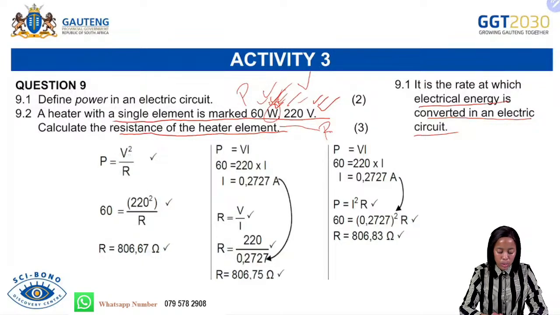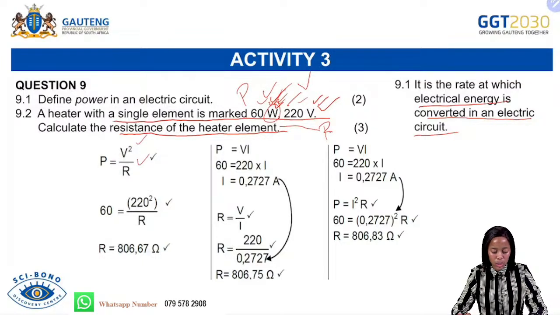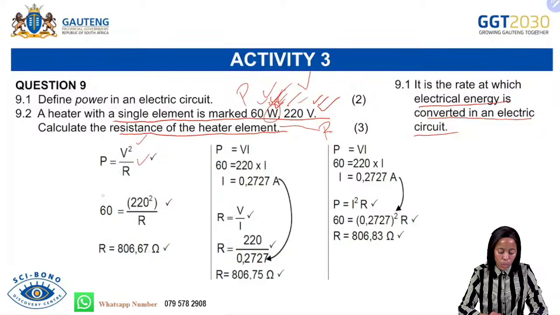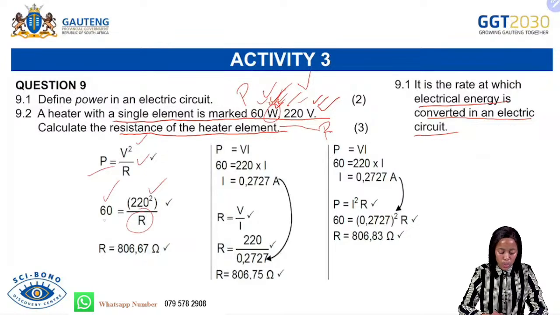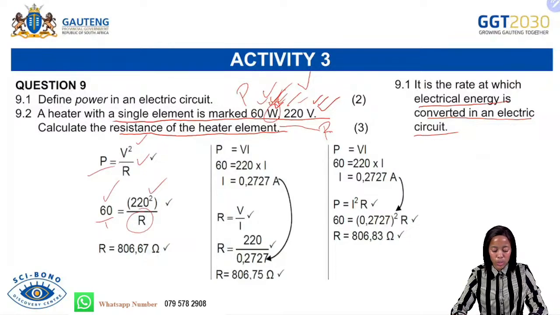So we have P is equal to V squared divided by R. This one is a straightforward one, whereby you substitute the power, substitute the voltage, and write the resistance. Then you divide by 1.